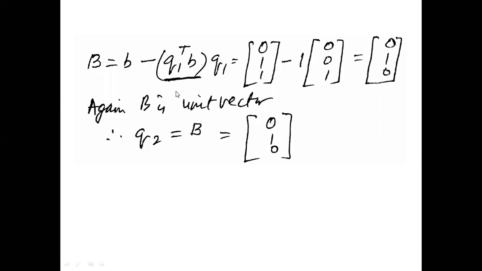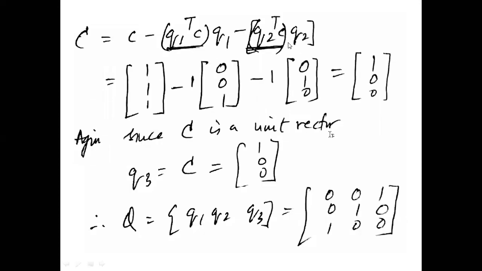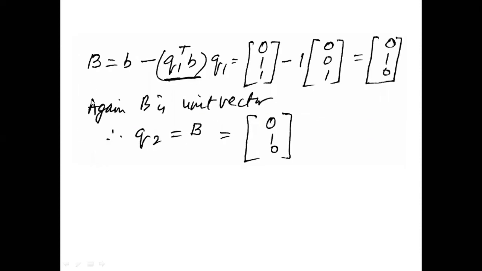So you can see that for finding Q2, we are depending on Q1, which is the previous basis that we have found.